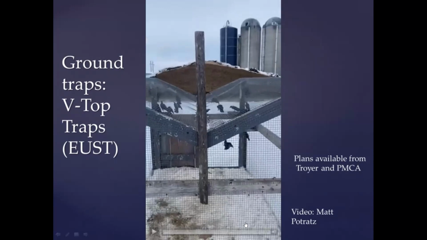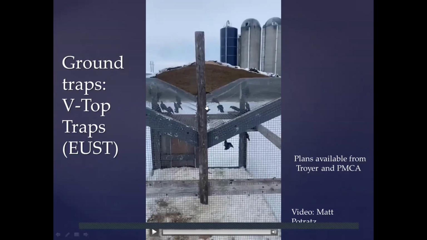You'll see with this trap, the entrance is up here at the top. You can access it through this door here on the side. The idea is that the trap is baited at the bottom. The birds fly in through the access at the top, and then they can't figure out how they got in. It's kind of like a crab trap. Then they fly around the cage, and you can go in to collect them at your convenience.